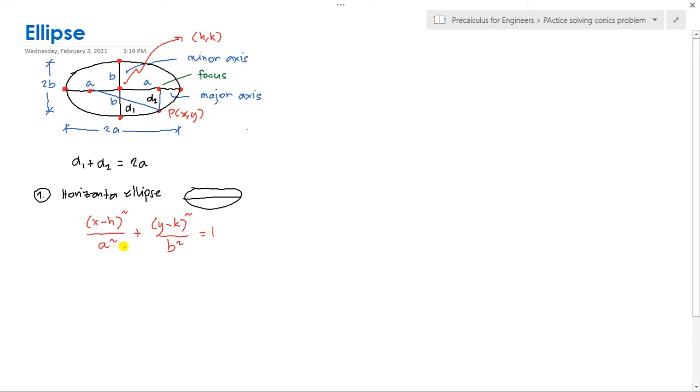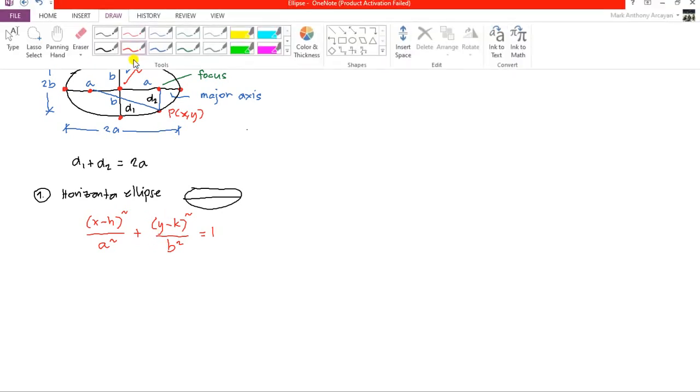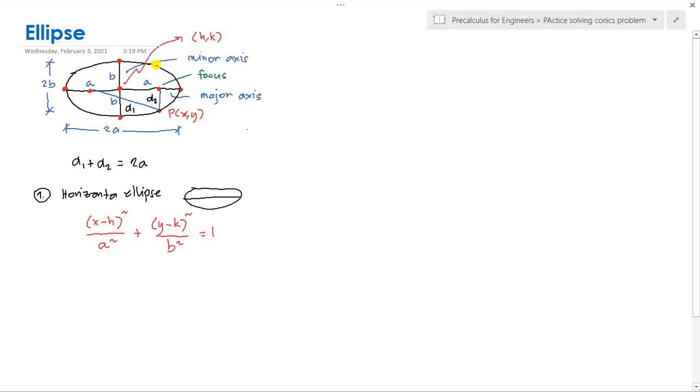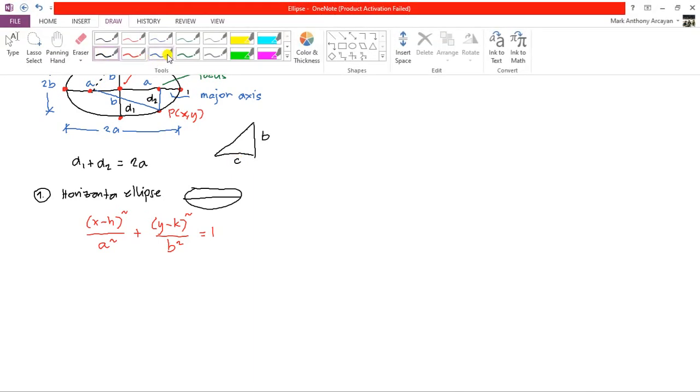So again, for horizontal, the a is greater than the b because sa ellipse naay relationship nga ma-generate. Here we have a triangle, and if we're going to extract that one, we have a relationship. This one is b, this is your c, because I forgot to add here the value of c.